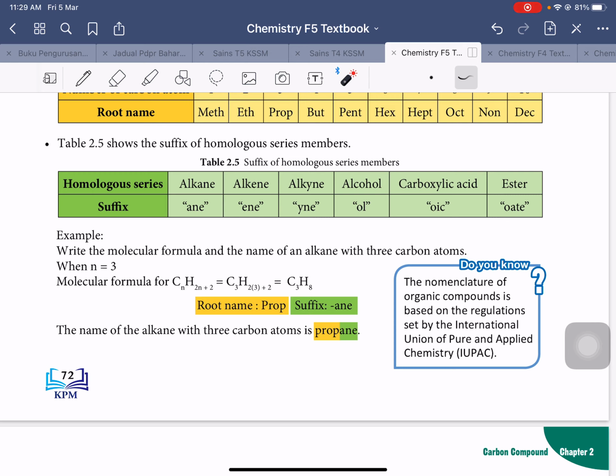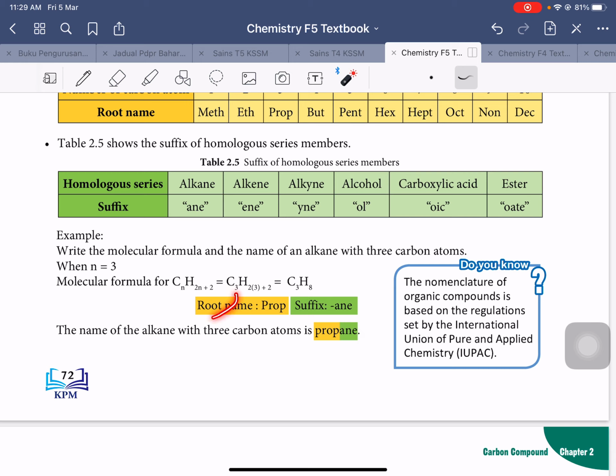Okay, for example, write the molecular formula and the name of alkane with 3 carbon atoms. Bila n sama dengan 3, remember, the general formula is CnH2n+2. So, what you do is, you put the 3 inside the n.